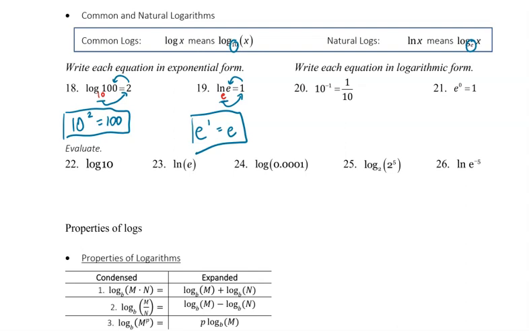Going in reverse, we're going to use the same exact idea, just instead of writing log base 10, we're just going to write log. And instead of writing log base e, we're just going to write ln. Right? So to put these as logs, it's going to be base 10, so that's just log of 1/10 equals -1.